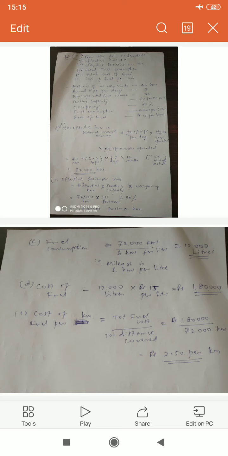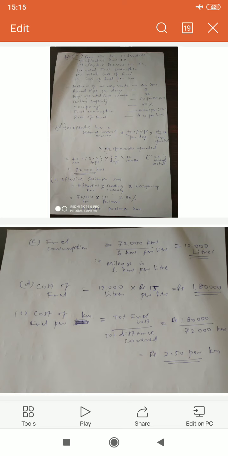Say which different informations are furnished. Say in the first instance, distance of one-way route 40 kilometers, round trips per day 3, days operated in a month 25, seating capacity 50 passengers, occupancy 80%, fuel consumption 6 kilometers per liter, rate of fuel, say don't get taken aback, rate of fuel it is quoted at rupees 15 per liter.